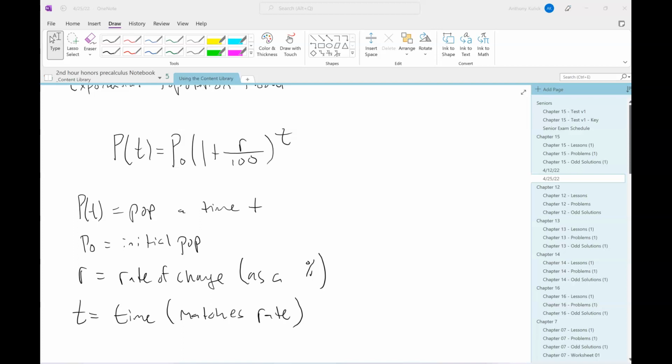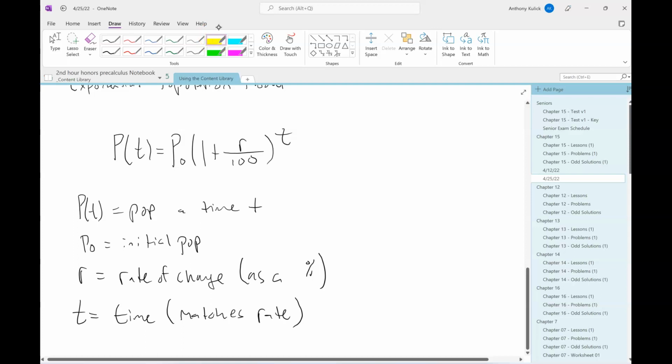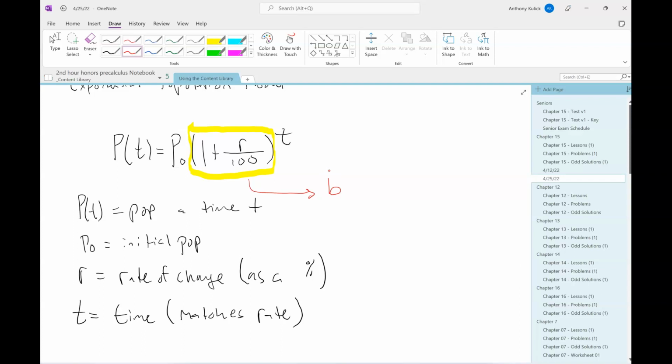So if we think about this population model as a general exponential equation, what was that, 1 plus r over 100? Yes, correct, not t.